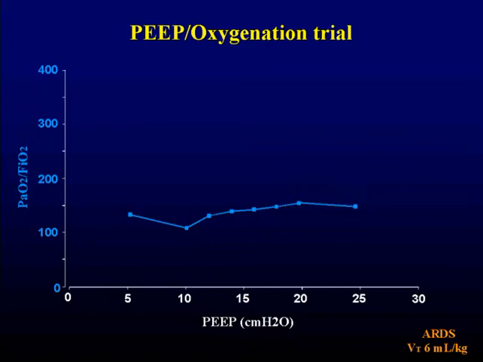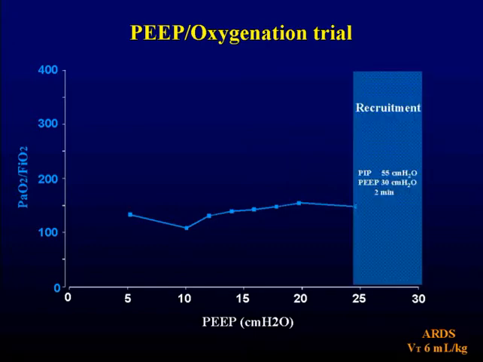And then we applied the concept. We thought maybe this patient has an important amount of collapse, and maybe we're able to recover it. So we applied a recruitment maneuver consisting of increasing pressure to 55 centimeters of water, PEEP of 30, for 2 minutes. Then we turned back to a PEEP level of 20, and our oxygenation just boosted up to almost double the value we had at the beginning with a PEEP level of 20.